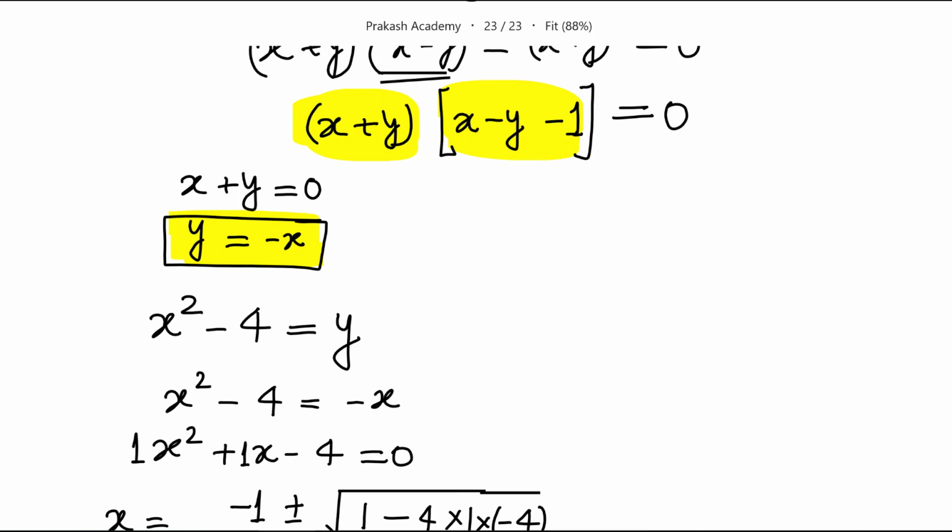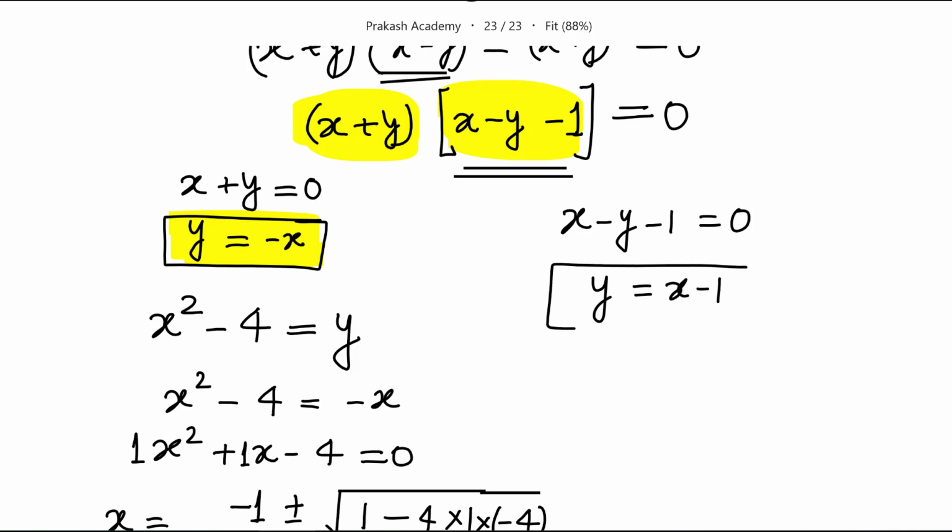So this is from one solution, that is x plus y is equal to 0. Similarly, I have another solution, that is x minus y minus 1 is equal to 0. So in this case we can say y is equal to x minus 1.